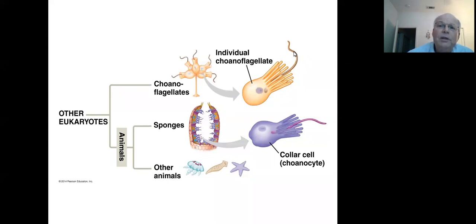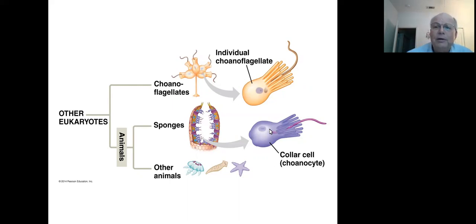The activity of the flagellum creates a water current that draws water in and pumps it out through the net. And this allows the organism to capture food particles in the water, to phagocytose them, and through cytoplasmic streaming, move them into the body of the cell.